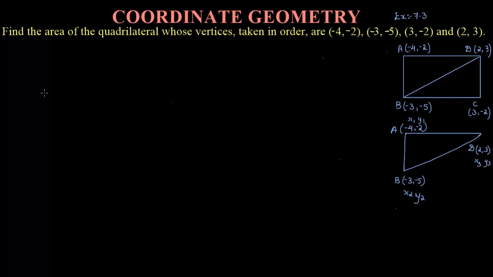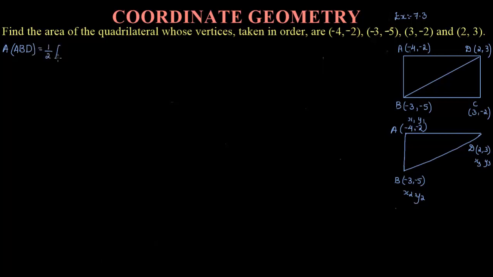Right? So I have discussed the formula for finding the area of the triangle in our previous videos, and I have also discussed the trick to remember the formula. So you can please visit that video and watch that. Now let me just write the formula directly. Area of which triangle are we finding out? We are finding out the area of this triangle A, B and D. So what is the formula?